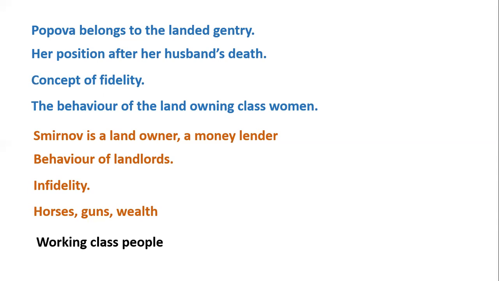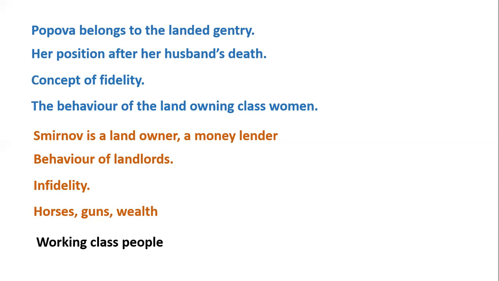The women did not have freedom. They had limited contacts, and those limited contacts were very rare because in their society, fidelity is highly valued. Women are expected to be virtuous. At the same time, the playwright brings Smirnov's love affairs. When Popova recalls the love letters of her own husband, Smirnov talks about his love affairs: I've refused 12 women and 9 have refused me.